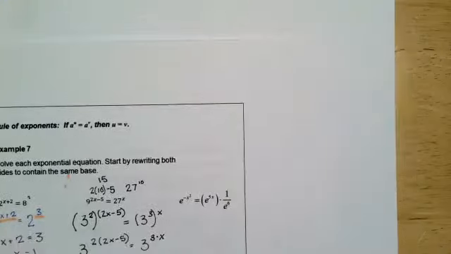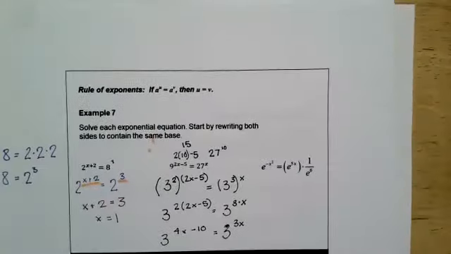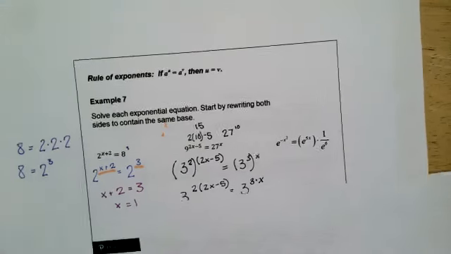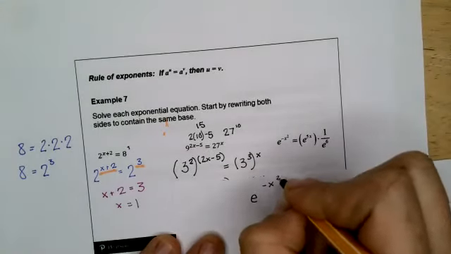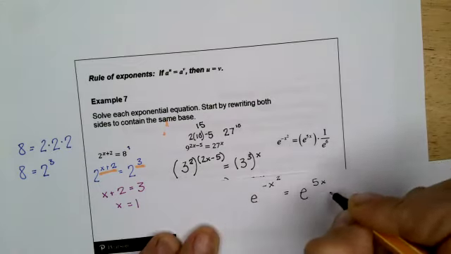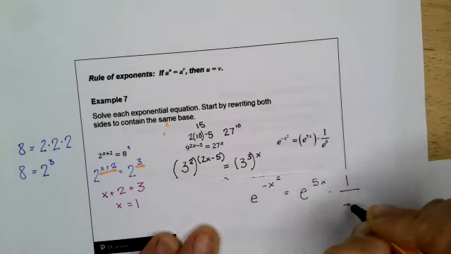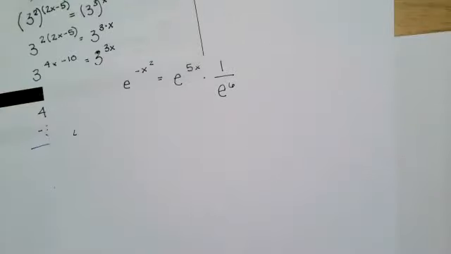Oh, sorry. I'm not even showing you what we're on anymore. All right. e to the power of negative x squared equals e to the 5x times 1 over e to the 6th, right? So that I have plenty of space.